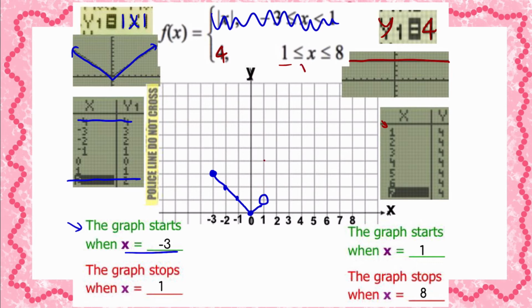And do I want to have an open circle or a closed circle? Closed. And the next point I'm going to plot is 2, 4, and then 3, 4. And I think you see the idea. I'm going to keep plotting these, but oh no, I run out of table. What's the last point that I'm going to plot based on this domain? 8, 4.